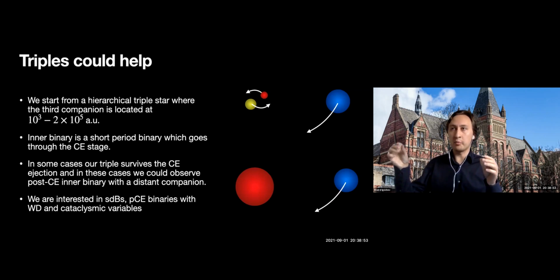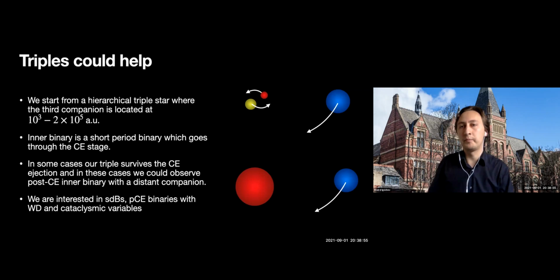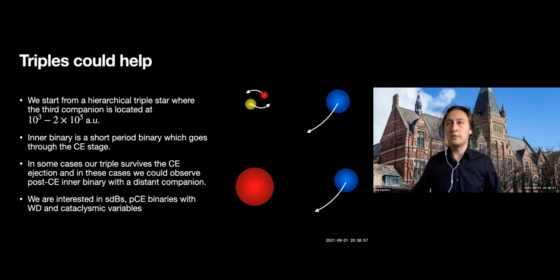When this third companion could be unbound if mass loss proceeds fast, or if a large amount of mass, more than half of the total system mass, is lost during the mass loss.